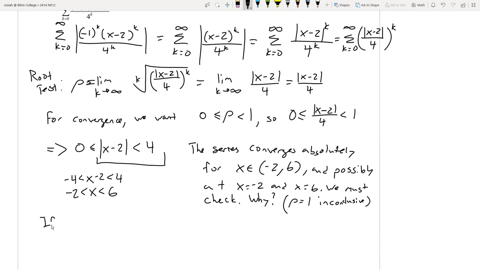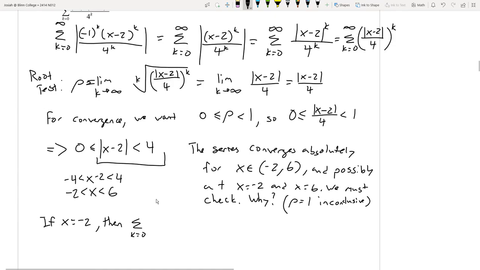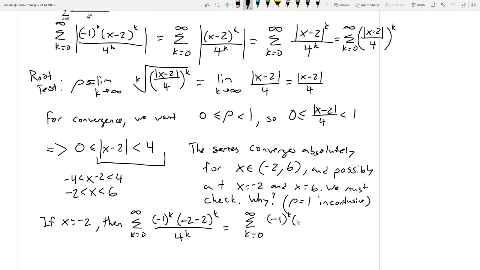The way we check our endpoints is we plug them in. If x equals negative 2, then we have the series here. If we look back at our original, we plug in negative 2. Our series would end up being the sum from k equals 0 to infinity of negative 1 to the k, negative 2 minus 2 to the k over 4 to the k. We've got negative 1 to the k, and now negative 2 minus 2 is negative 4, to the k over 4 to the k.